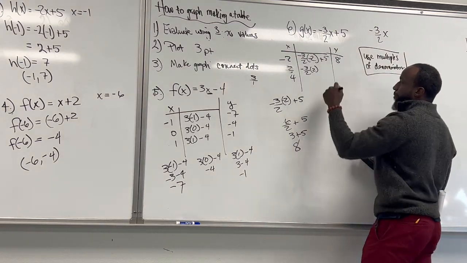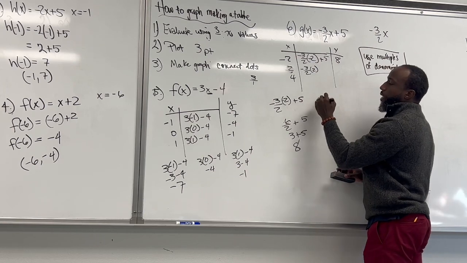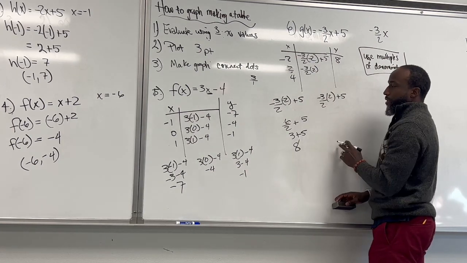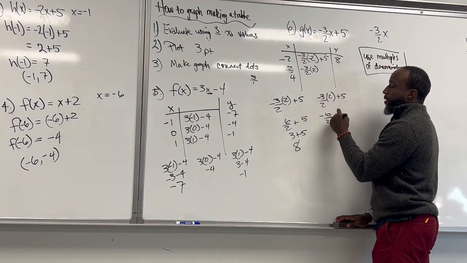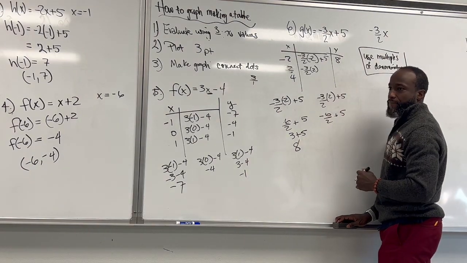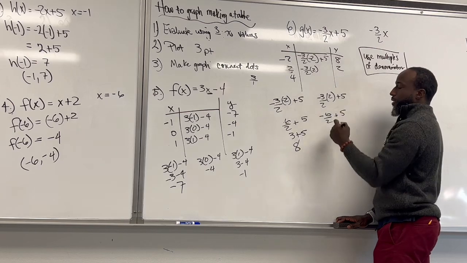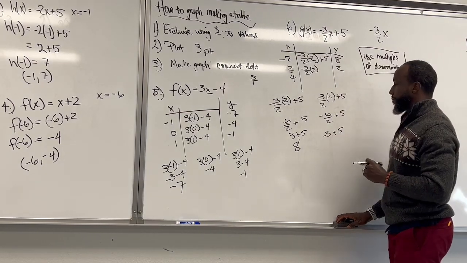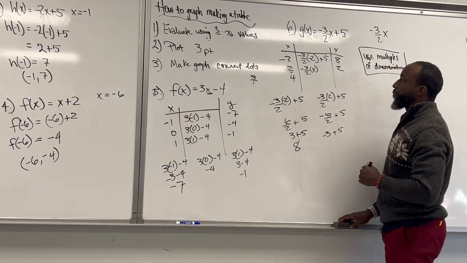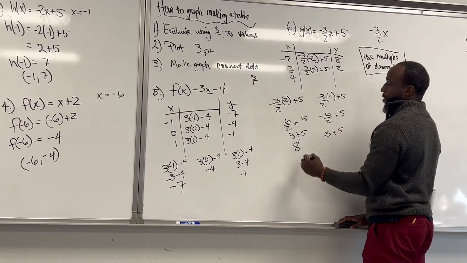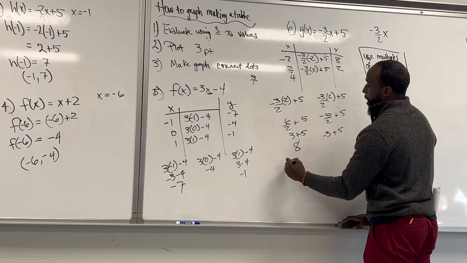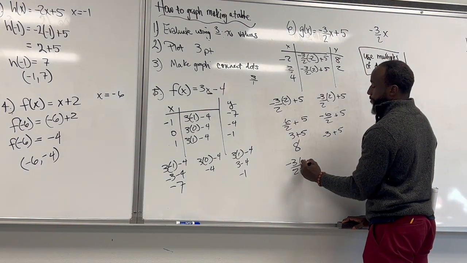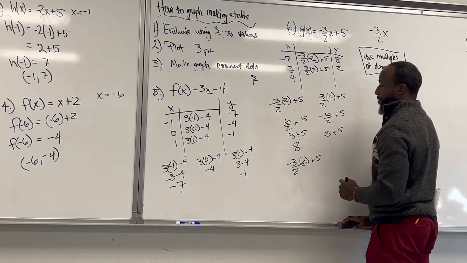The second point is gonna be 2. All right, the second point is going to be the -3 over 2 times 2 plus 5, which is your -6 over 2 plus 5, right? Which gives you a 2, because that's -3 plus 5, okay? And then the last point is 4. So it'll be -3 over 2 times 4 plus 5.